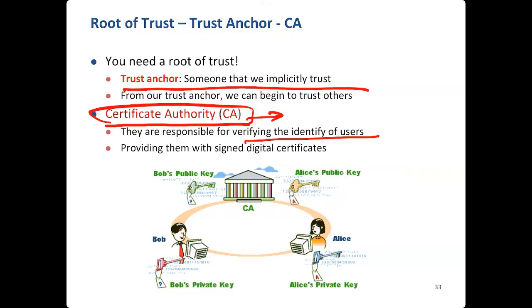They will vouch for them. Maybe the head of the village will say, I know both Bob and Alice and both are good. So Alice says, I want to marry Bob, and Bob says, I want to marry Alice, but I don't know her. So somebody will say, I know her and she is a good girl.